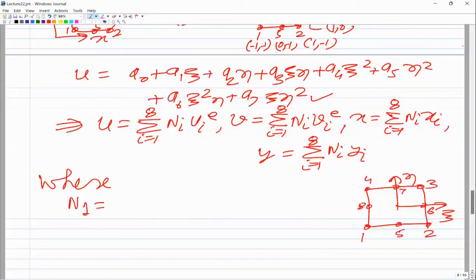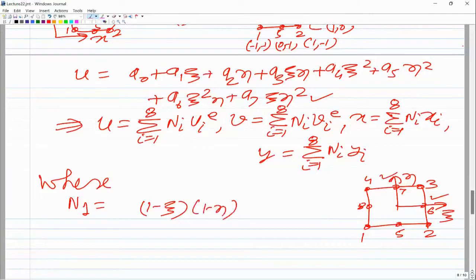Now if you look at the equations of the lines, when I am writing N1, I have to cover all the nodes except node 1. So nodes 2, 6, and 3 can be covered using this line, whose equation is 1 minus xi equal to 0. So I take that line, 1 minus xi. Nodes 3, 7, and 4 can be covered using the equation of this line, which is eta equal to 1 or 1 minus eta equal to 0.